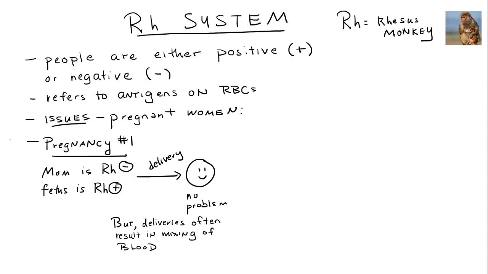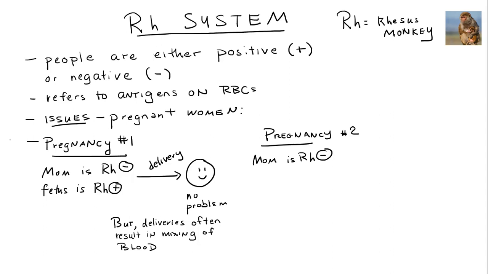But then it could be that mom decides she's going to have a second child. So along comes pregnancy number 2. And the mom is still Rh negative. But the thing about the mom at this point is that at that first delivery, her blood came into contact with the blood of the fetus.